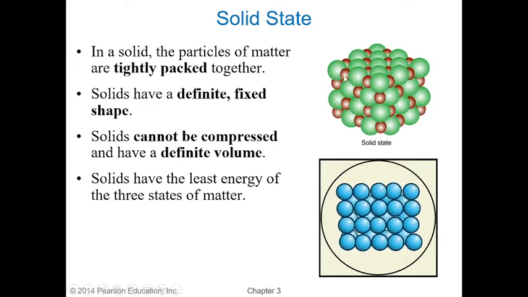So the particles, we'll just call these blue and brown balls as your particles. So as you can see, the particles here are close to each other. They are tightly packed together. And that is the reason why your solids have a definite or fixed shape, because of the tight packing of your particles.